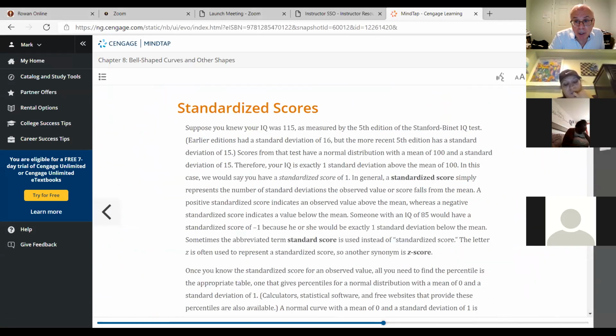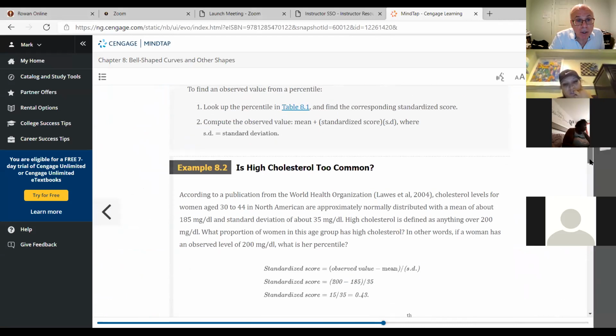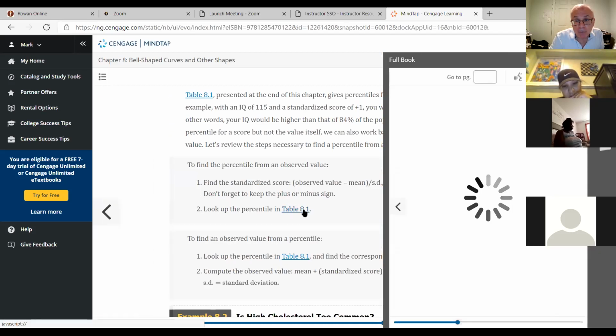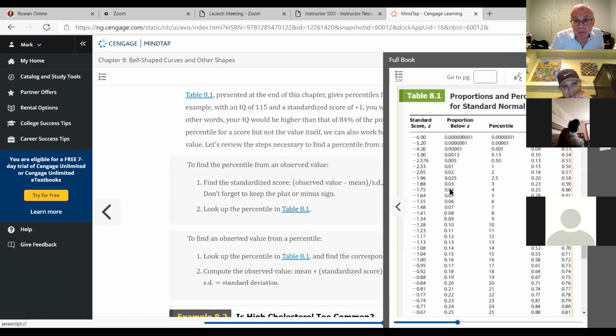Scroll down on this page. Notice it mentions table 8.1. You can click that link, and it will give you the same thing that you see on page 175 in your textbook. There it is. This is a duplicate of what's in the textbook. So that's how you find it in your ebook if you're using the ebook.